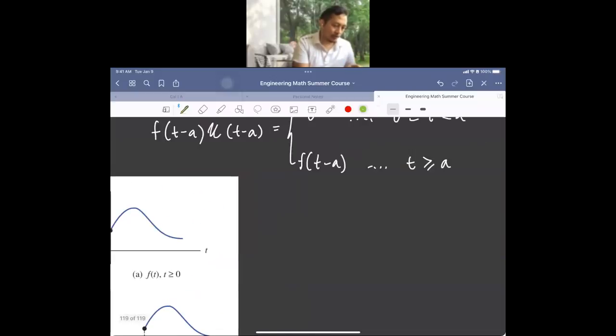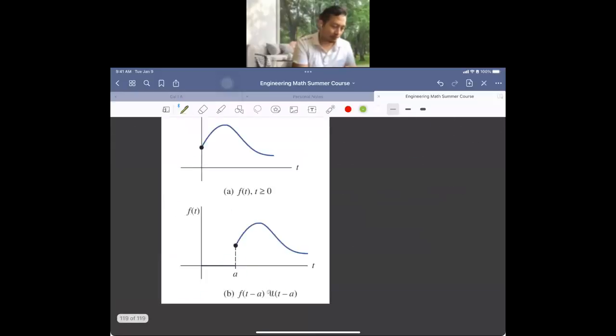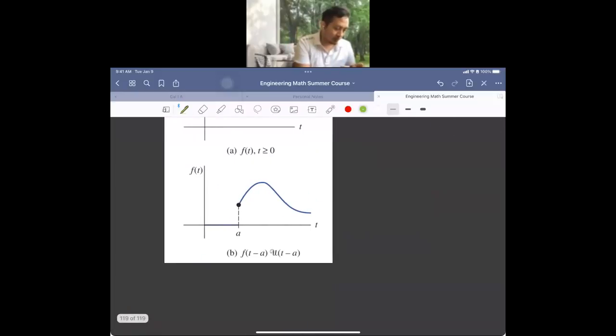According to this notation, this piecewise function from 0 to a will have the value 0. So its value will be 0, and then at a it will be shifted to 1, from 0 to 1, and this will be the graph. So this will be the f(t minus a) graph.